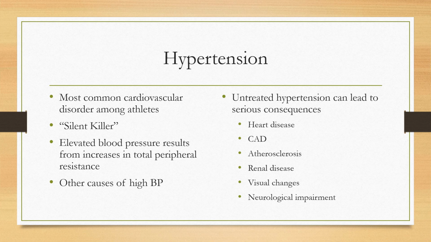Your blood pressure is supposed to go up when you start activity. And so to get a good blood pressure, your patient really has to be seated for 5 minutes, okay? And then anxiety and pain are also a huge cause of increases in blood pressure. So keep that in mind as well. In order to actually diagnose hypertension, you have to have 2 episodes of elevated blood pressure on 2 separate occasions.